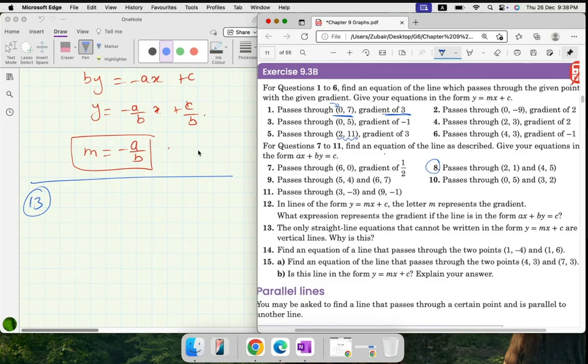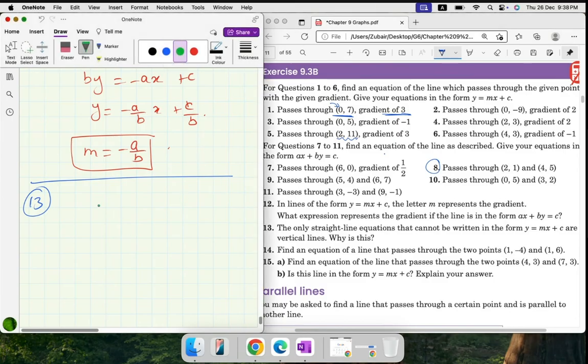See, this is exactly what we discussed about horizontal and vertical lines. A horizontal line is y is equal to a constant, their slope is zero. And a vertical line is x is equal to a constant, where the gradient is undefined.